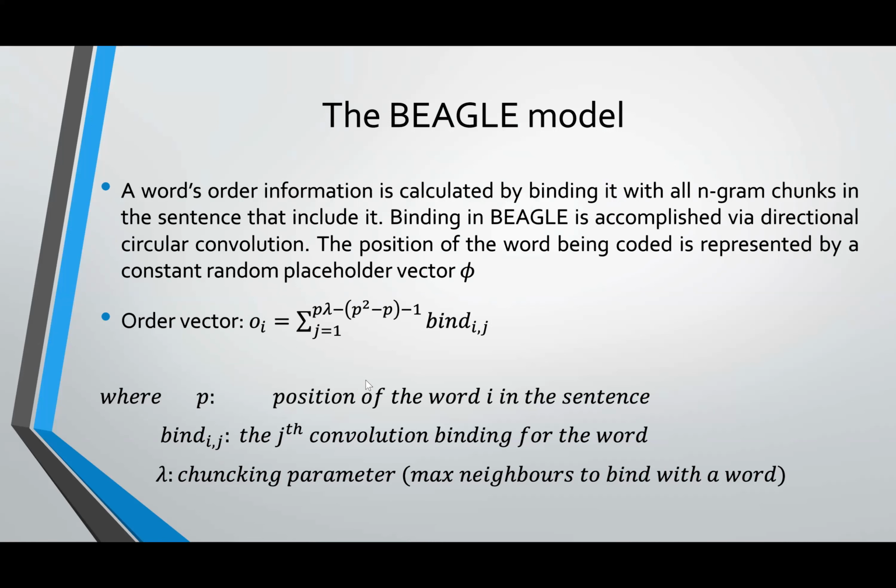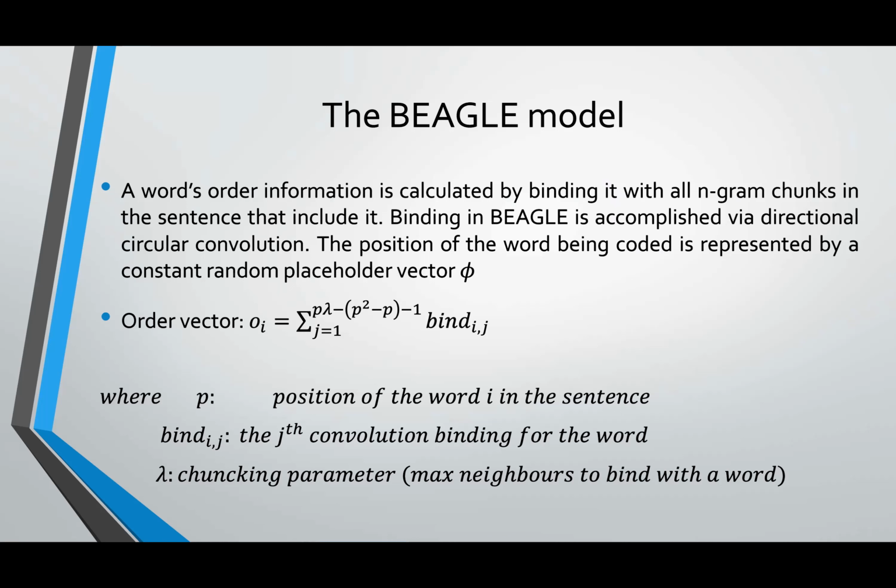We use a constant random placeholder vector, this symbol phi, and through some math magic we get the order vector by using this formula.